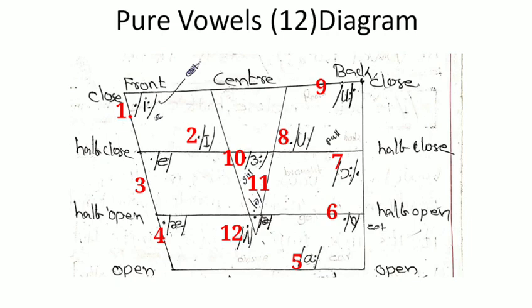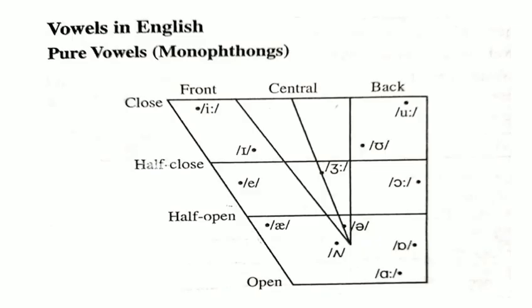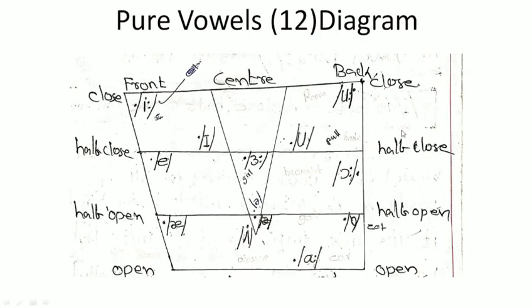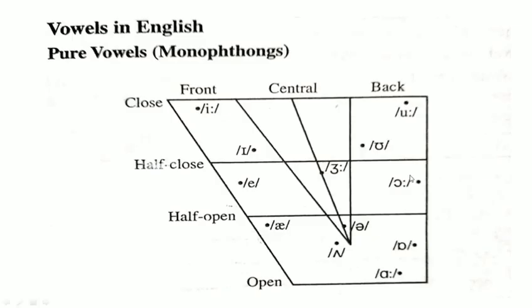These are the 12 pure vowels in English. This is the diagram for these 12 pure vowels. You can draw it like this as well. This is the clear picture taken from the text, the picture of monophthongs or pure vowels.